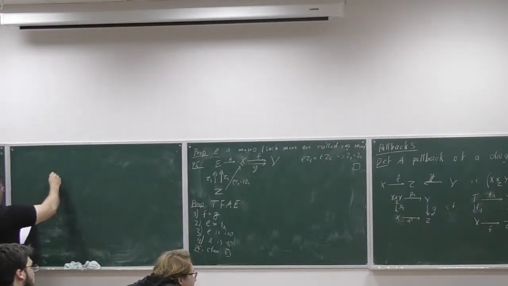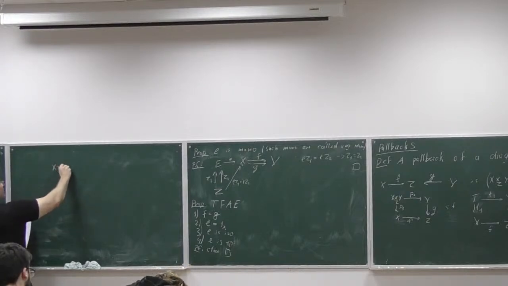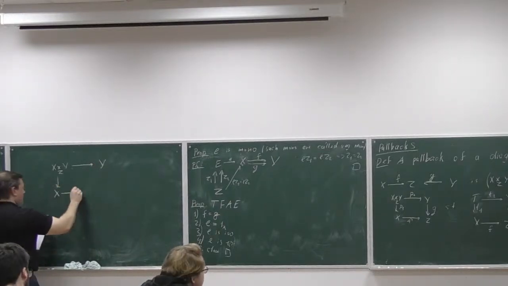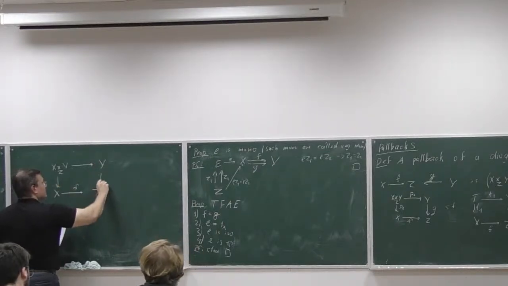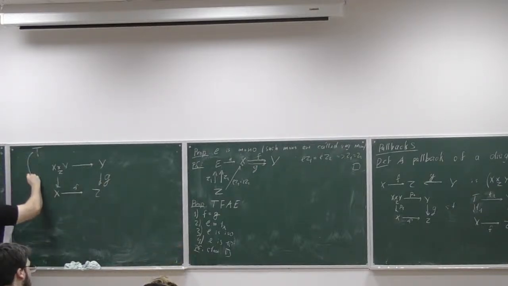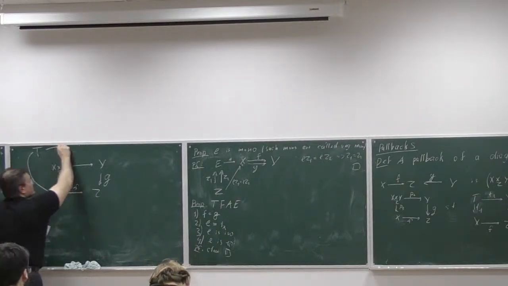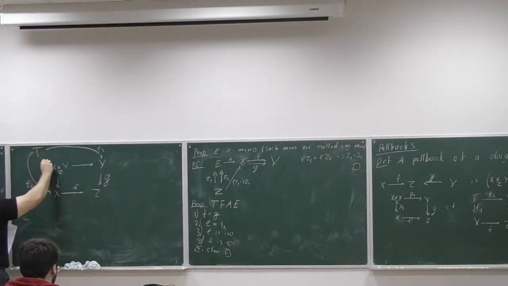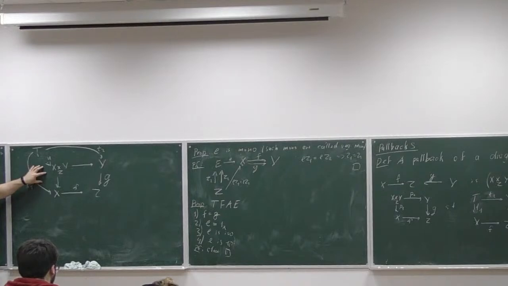Let me repeat this. X product, pullback over Z, projections, Y, X, Z, G. Now I have some other object T and maps. This is T1, this is T2, and then there is a unique U such that these two triangles are commutative.